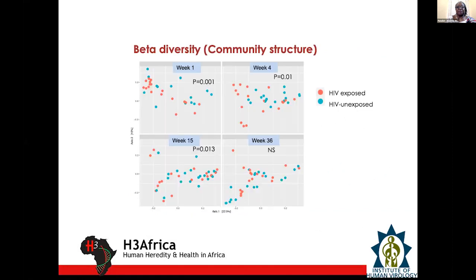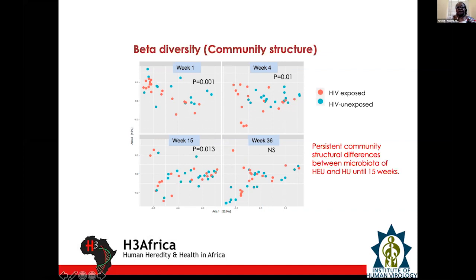We see similar patterns when we look at the beta diversity as well, where there is a clear distinction with significance between the HIV-exposed infants that are uninfected compared to their control. And this difference is seen to wane later in life for these infants.